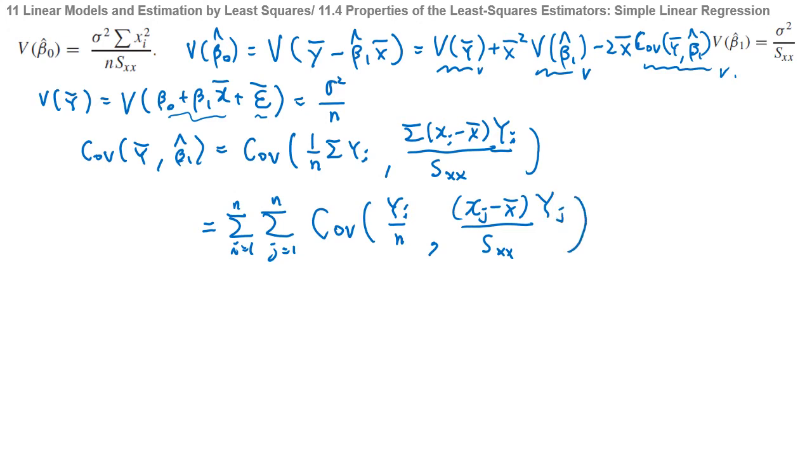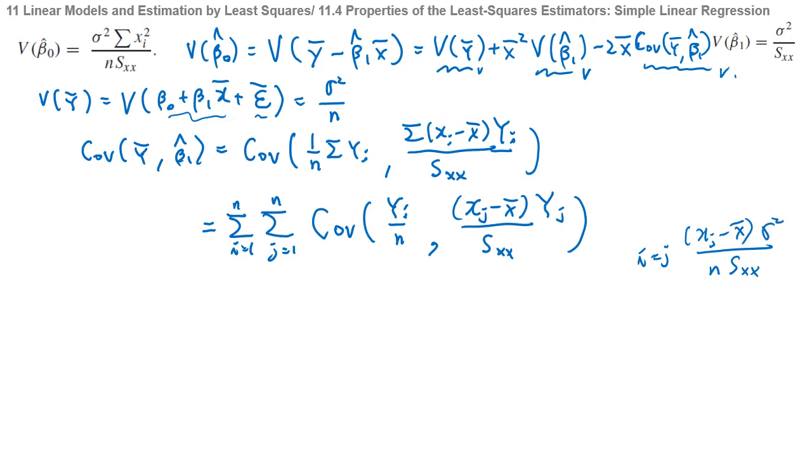For this covariance, if i equals j, then the covariance becomes 1 over n Sxx, (xj minus x bar) and sigma square.